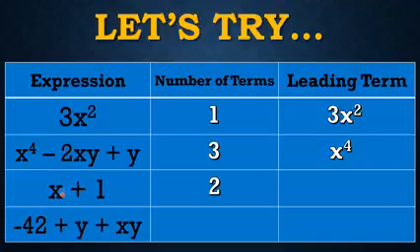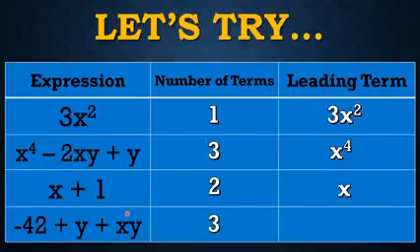How about in negative 42 plus y plus xy? So, how many terms do we have? We have 3 terms. Okay, so ano yung mga terms na to? We have the negative 42, we have y, and we have xy. So what is the leading term of this expression? Let's check first the exponent of each term.